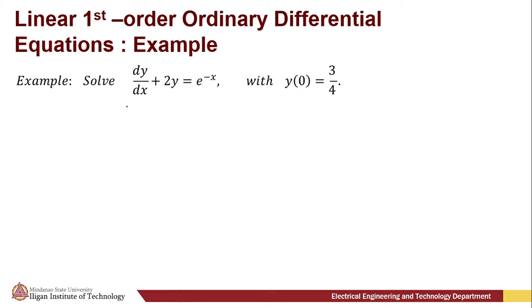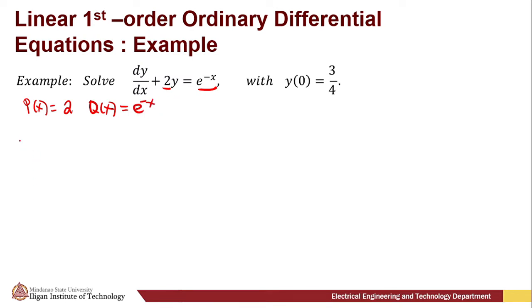First, we identify p of x and q of x of our differential equation. We have p of x equals 2, and q of x equals e raised to negative x.